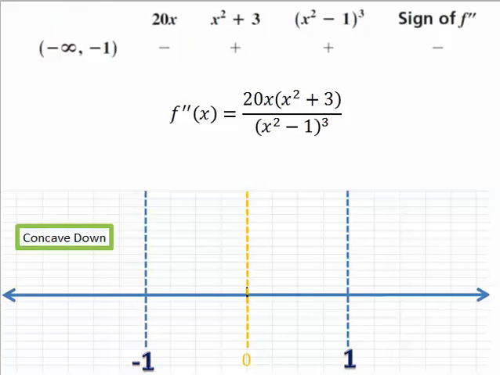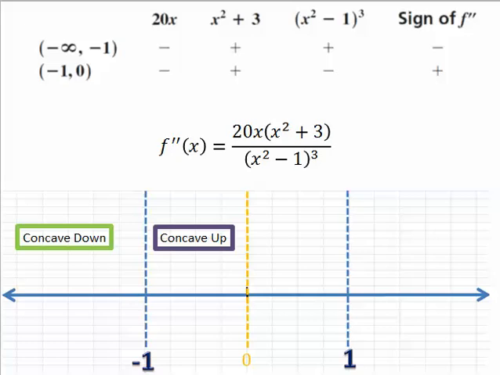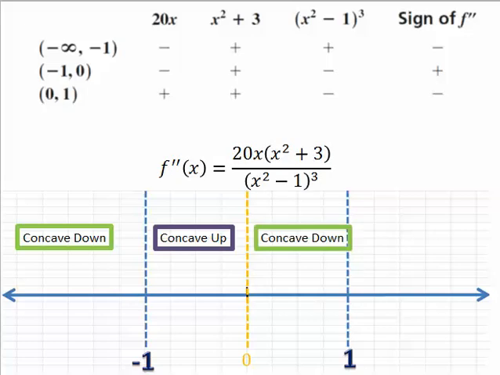On the first interval, f double prime is negative, and so the function is concave down. On the second interval, the function is concave up, and then concave down, and then concave up again.